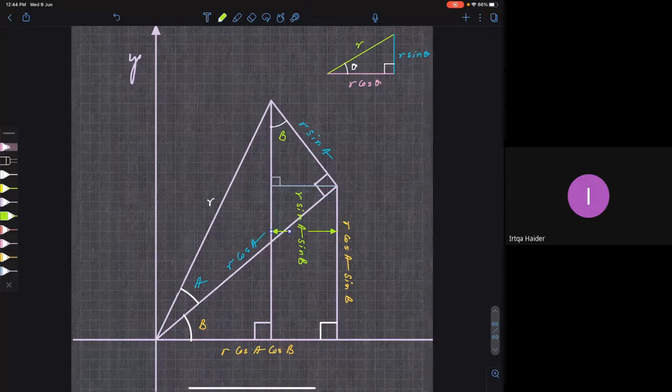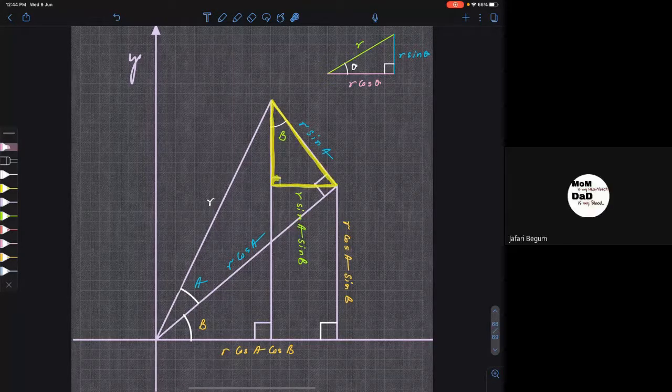Let me erase that. Can you see this right angle triangle? This is 90 degrees. This is angle B. Why is this angle B? Because this is perpendicular to this, and this is perpendicular to this. That's why if the angle here is B, here also the angle is B.